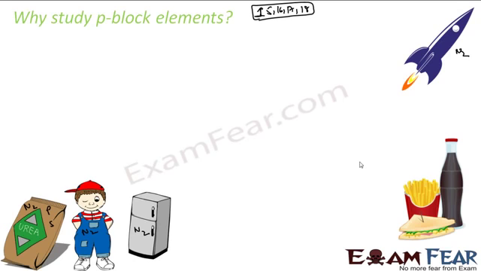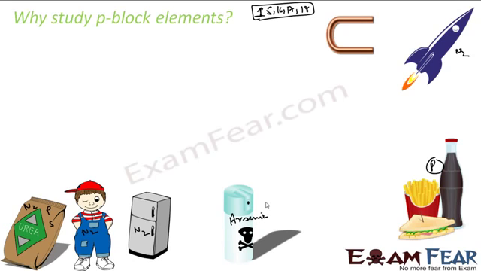In the food industry, when you prepare soft drinks, baking powder, etc., you use phosphorus. That is also a P block element. You want to make insecticides, weed killers, so here we use arsenic, and arsenic is again a P block element.